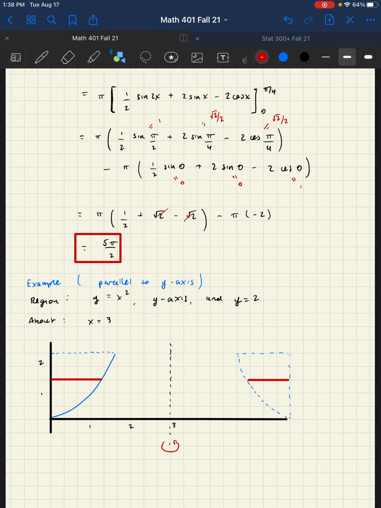And you'll see that on the other side, you'll find the image of that infinitesimally thin slice.